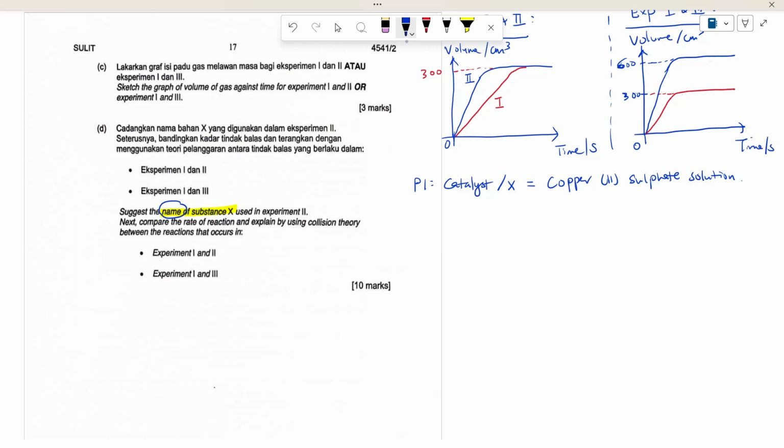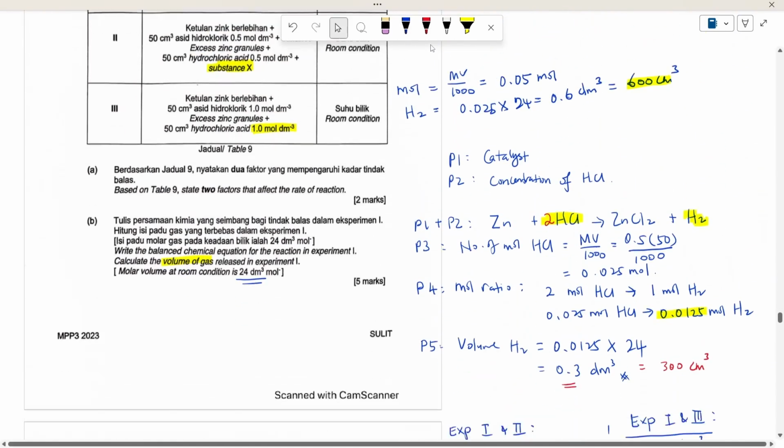Next, compare the rate of reaction for experiment 1 and 2. Roughly it is 4 to 5 points. Experiments 1 and 2 differ because of the presence of catalyst.